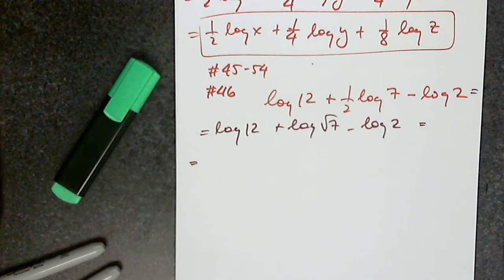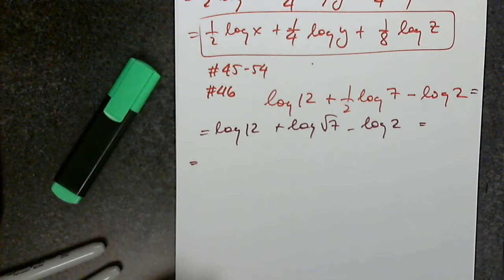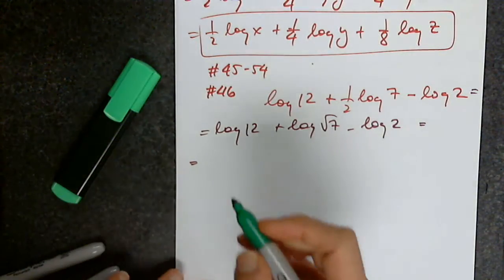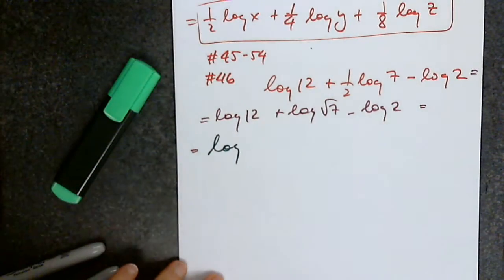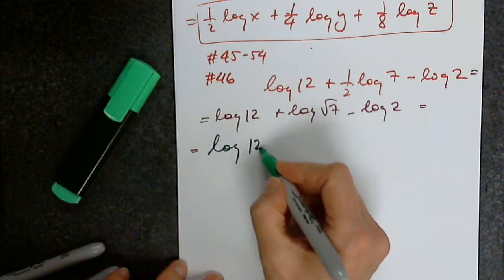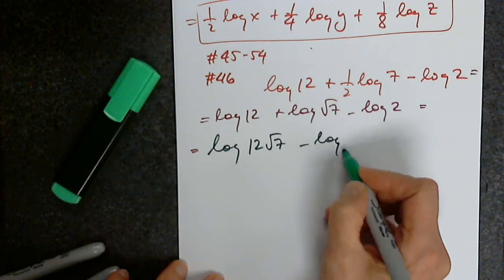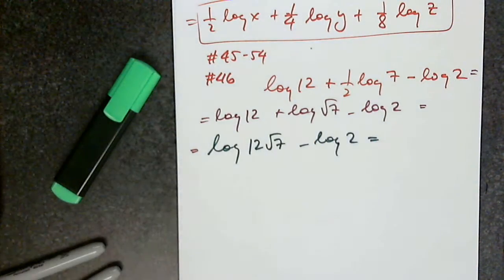Now I look at the first two, and they have positive in between. How do I condense them going backwards? Where does this sum come from? Yes, it comes from log of, exactly. Because log 12 the square root of 7 is log 12 plus log the square root of 7. Now we have a difference.